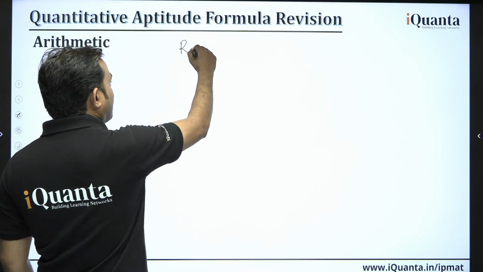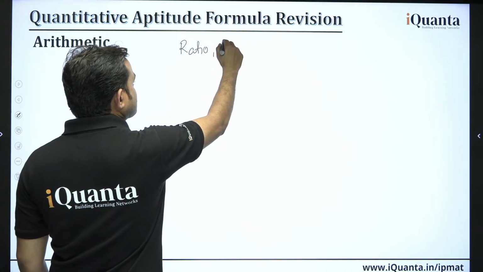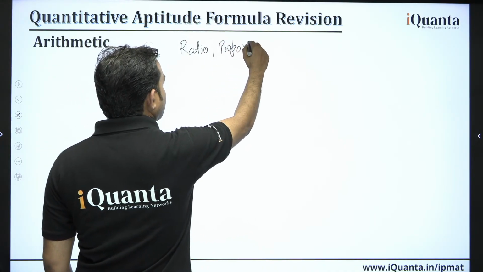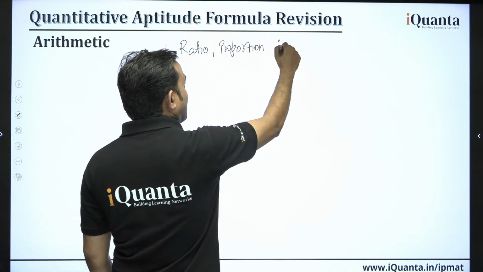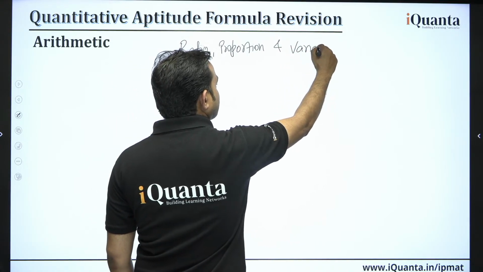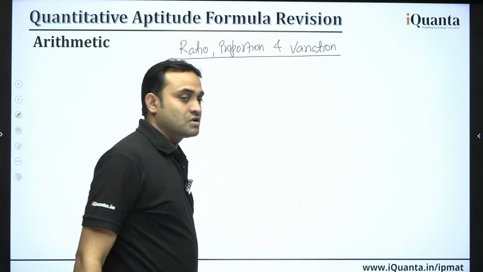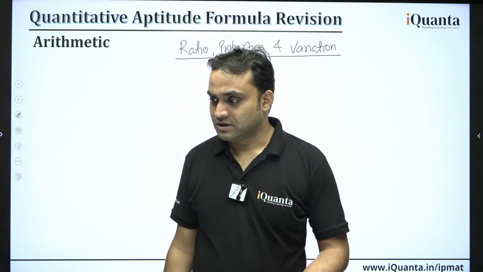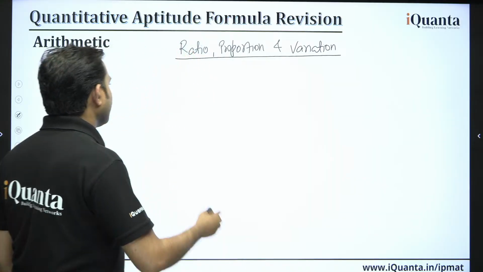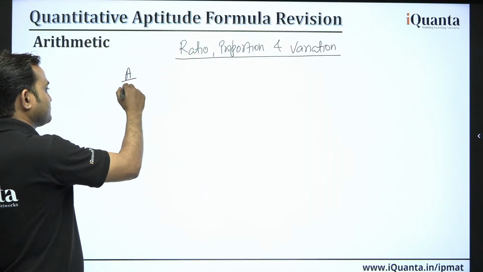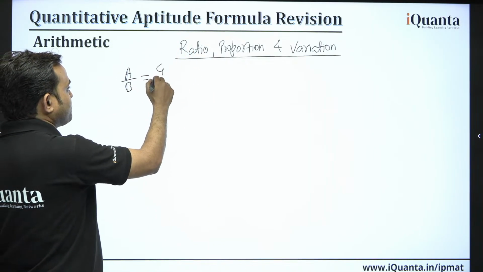Now, in case of ratio, proportion and variation, what do we know about the ratio? That if there is a value A by B equal to, let's say, 4 by 5.